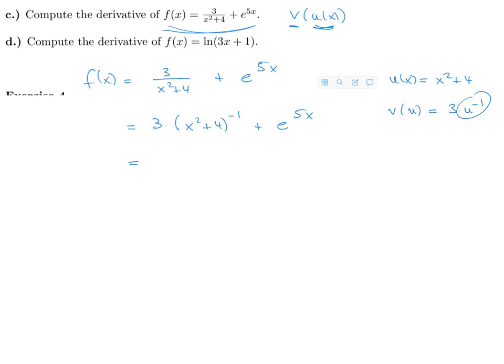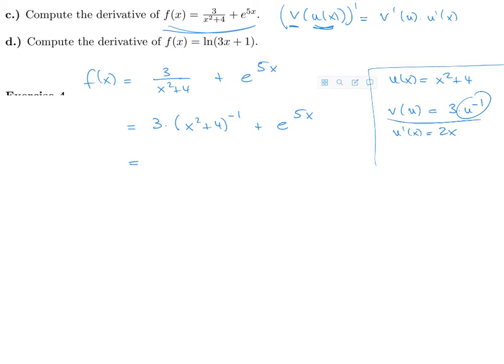Okay, and the chain rule says if we want to take the derivative of this composition of functions, then it's the outer derivative times the inner derivative. So what does this mean for these functions here? The inner derivative, the derivative of this one here, would be 2x plus 0, so just 2x.